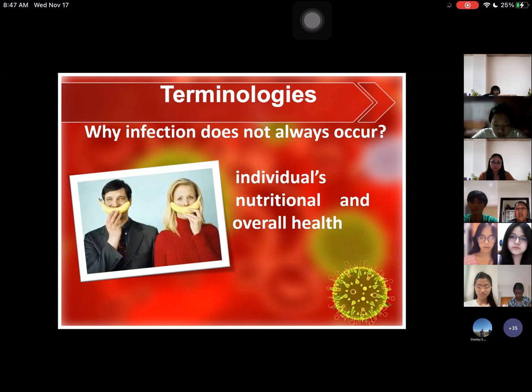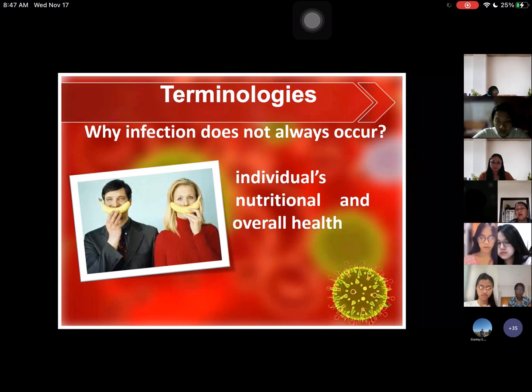Okay. Another reason why infection does not always occur is an individual's nutritional status or overall health. So we are less likely to have infection if we have a healthy body, or good overall health.